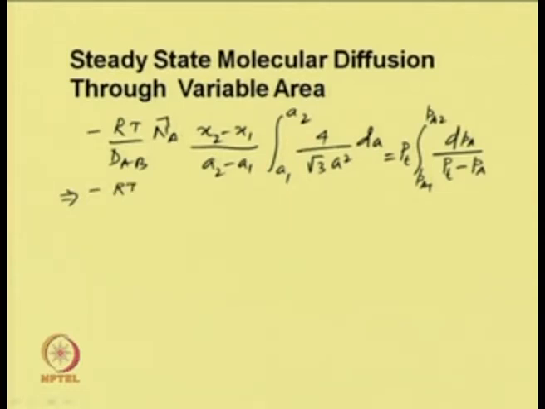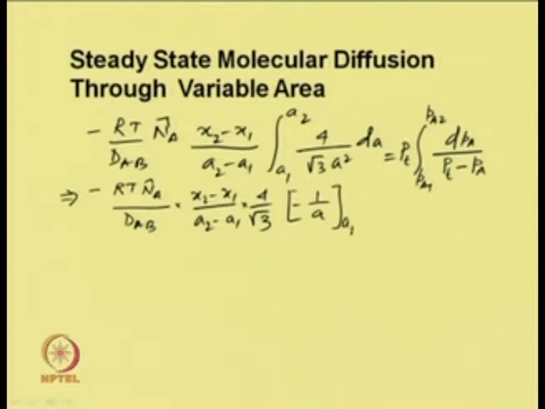minus RT NA cap by DAB into (x2 minus x1) by (A2 minus A1) into 4 by root 3, and the integration of this will be minus 1 by A with the limit A1 to A2, will be equal to minus PT into ln of (PT minus PA) with the limit PA1 to PA2.